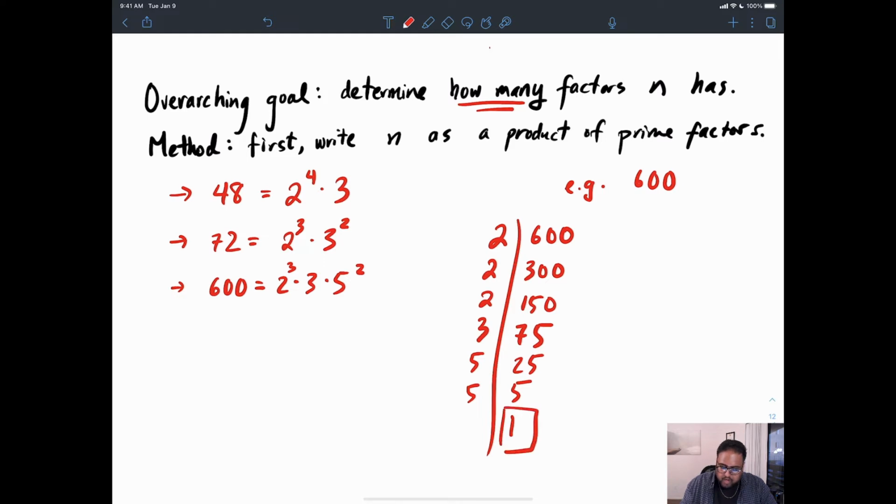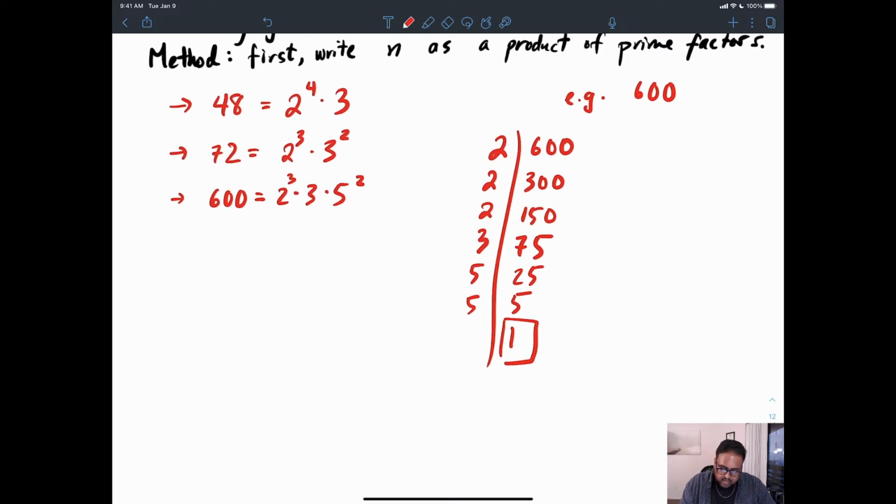And now I'm left with the 1 here. And once I see a 1 in this right column, it means that I am done prime factoring my number. So I can just read off this product, and this is a way of writing my number as a product of primes. In this case, it's telling me 600 is 2 cubed times 3 times 5 squared.